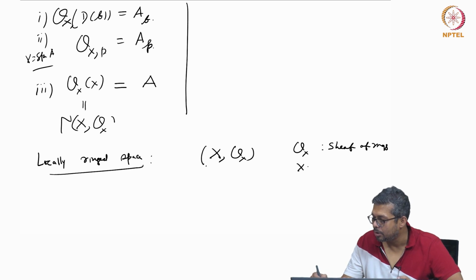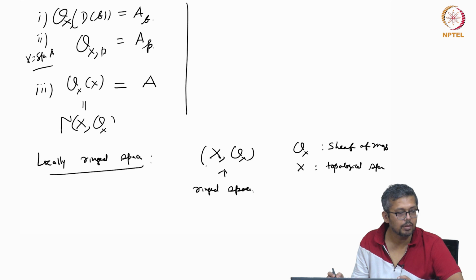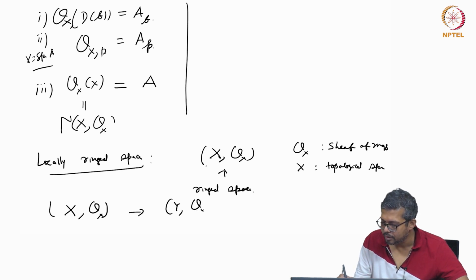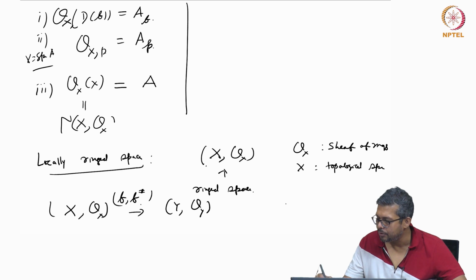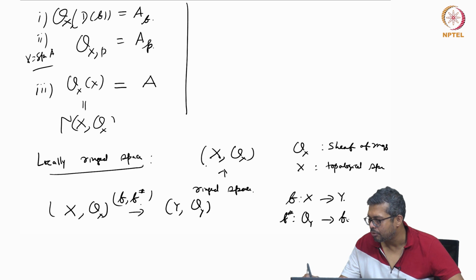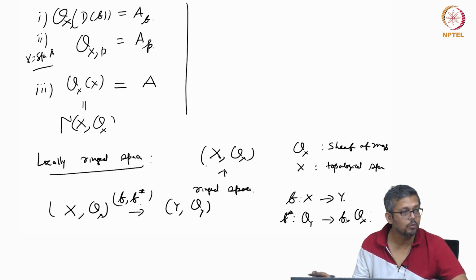Then this is called a ringed space. A morphism between two ringed spaces, from (X, OX) to (Y, OY), is a map f and f hash, where f is a map from X to Y and f hash is the map from OY to f lower star of OX. Whenever you have a map of topological spaces, you can push forward, the usual definition.